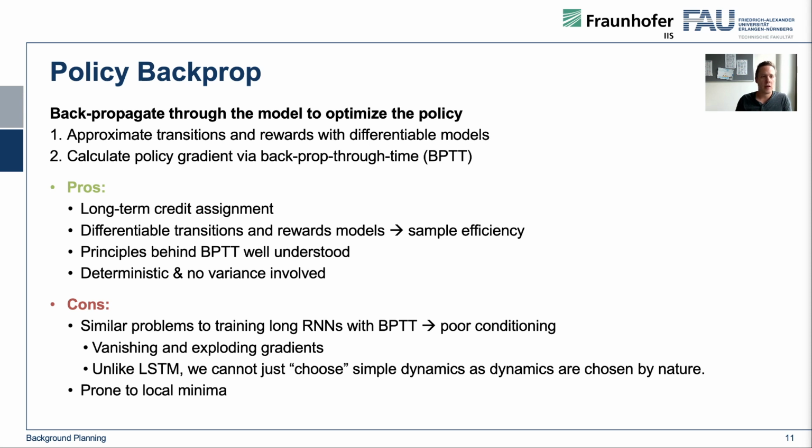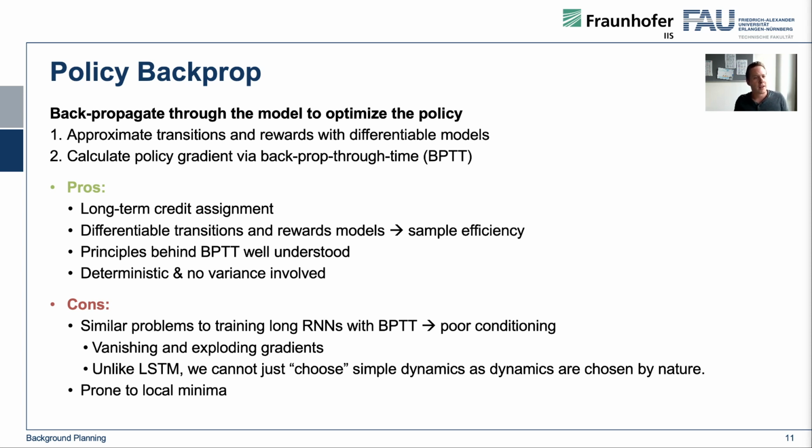However, there are also a few downsides. While backpropagation through time is well known for training RNNs, we also know that for training long RNNs, so RNNs with large sequence sizes, we see problems of vanishing and exploding gradients, which is a problem of optimization, prone to poor conditioning. So our problems are poorly conditioned.